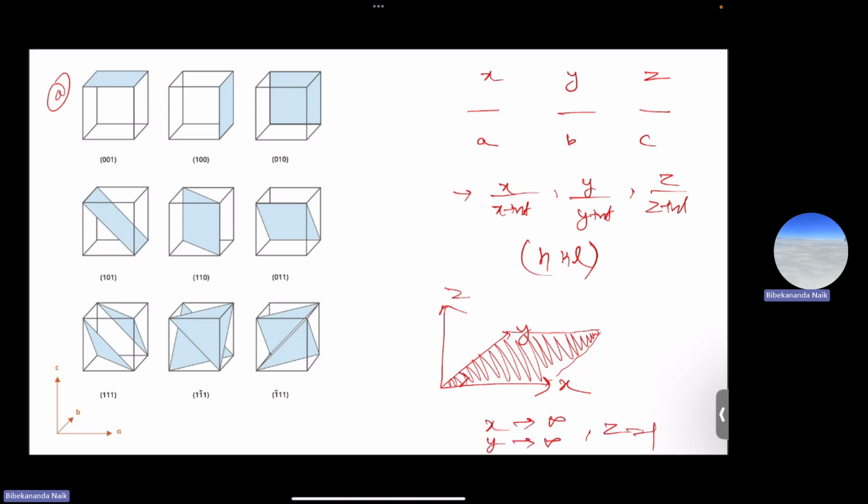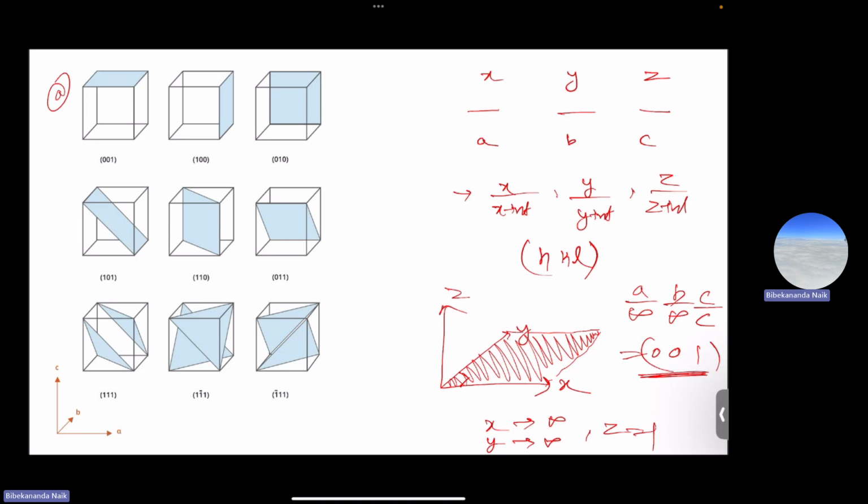So we will suppose a, b, c are the unit vectors along x, y, z. We will write a by infinity, b by infinity, and c by c, because 1 means c. So it will be 1 by infinity, 0, 0, and 1. So the Miller indices will be 0, 0, 1. Since it is already the smallest set of numbers, we cannot reduce it further.